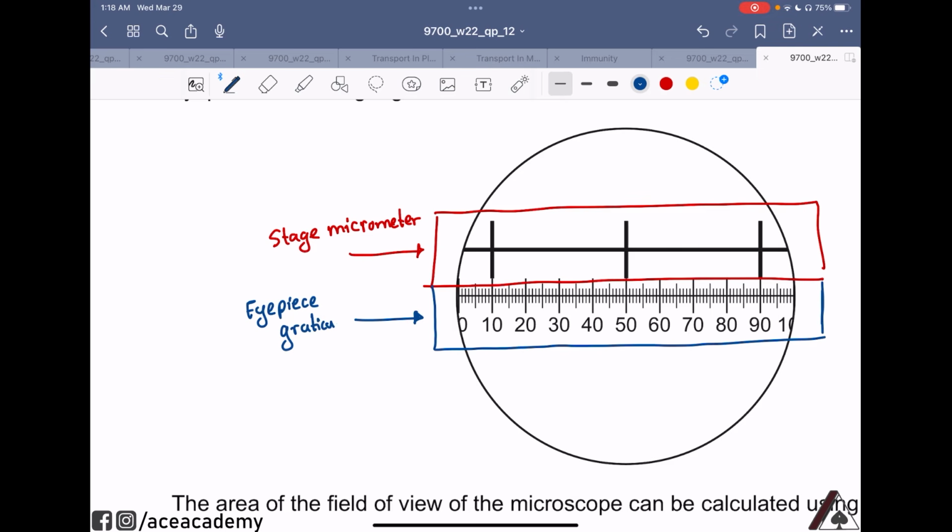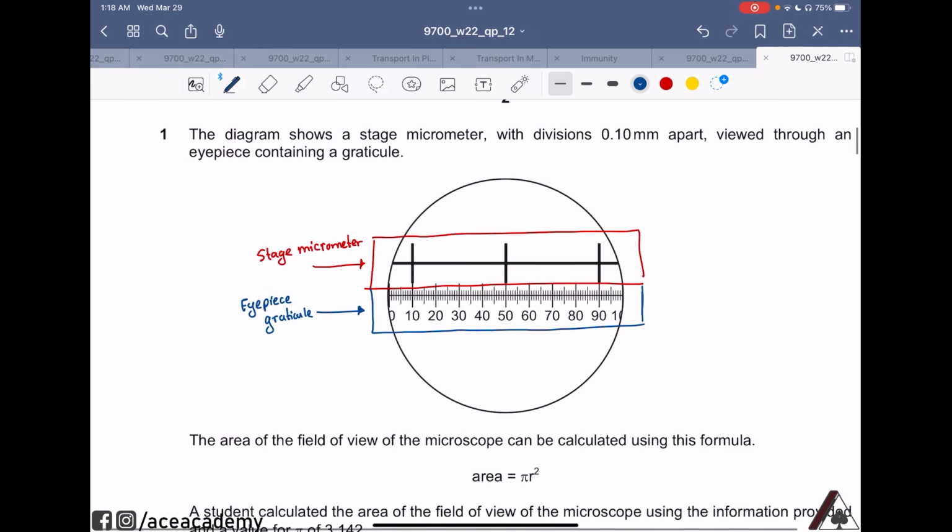The eyepiece graticule does not have any units. It depends on the magnification. If we magnify more, then the eyepiece graticule unit becomes lower, and so on.